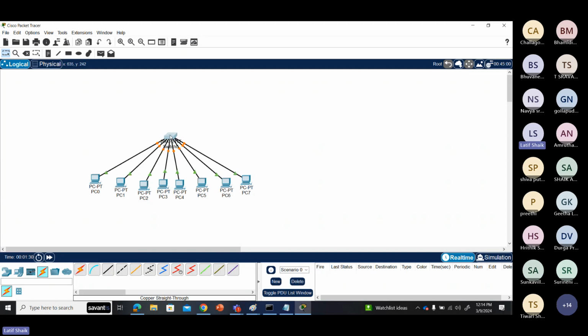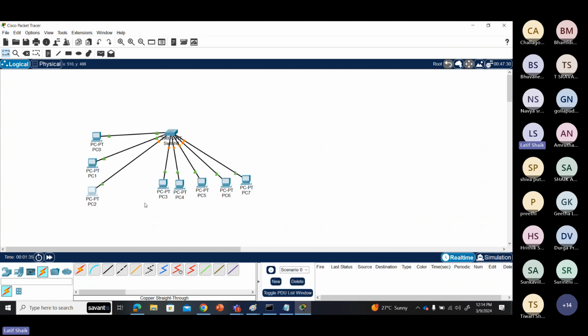So this is a simple network, and these devices are connected.